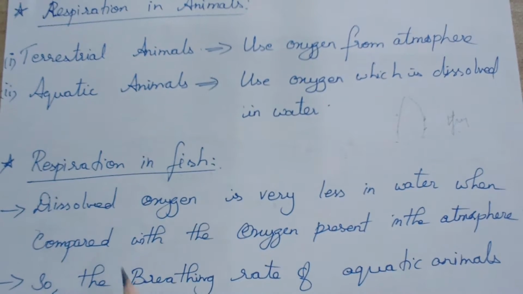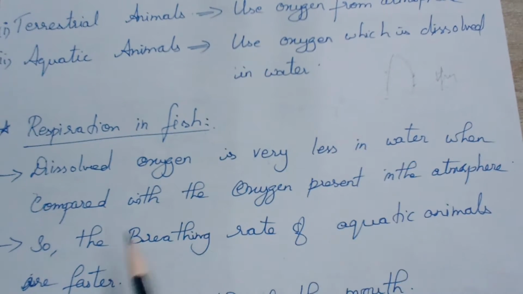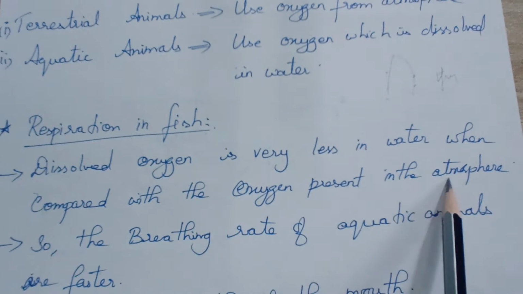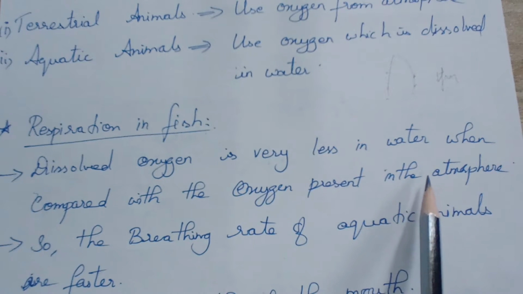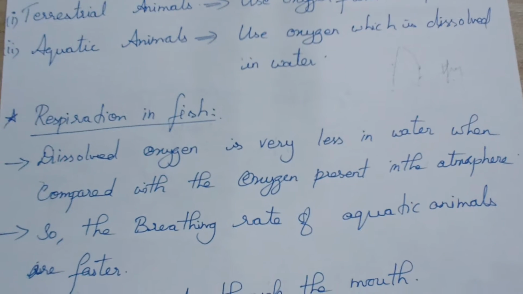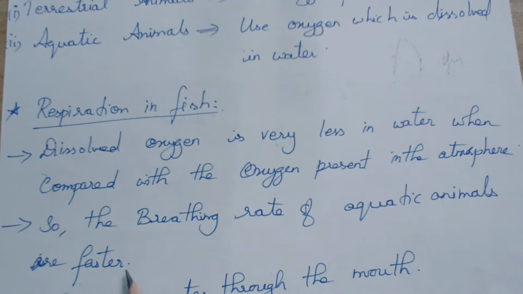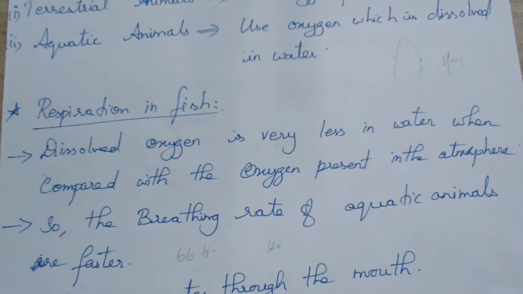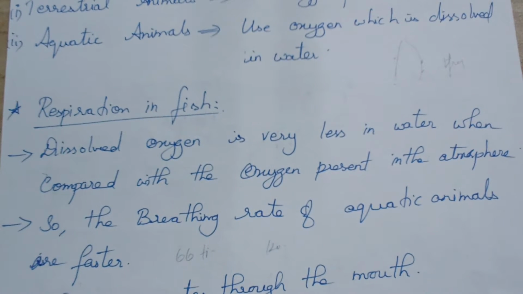The dissolved oxygen is very less in water when compared with the oxygen present in the atmosphere. So the fish increases its breathing rate. The breathing rate of aquatic animals is faster, from a minimum of 66 times a minute up to 120 times a minute. It differs depending upon the fish.